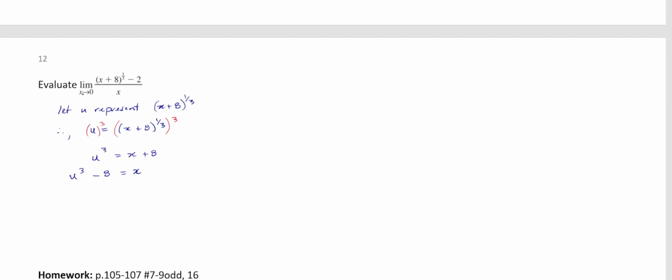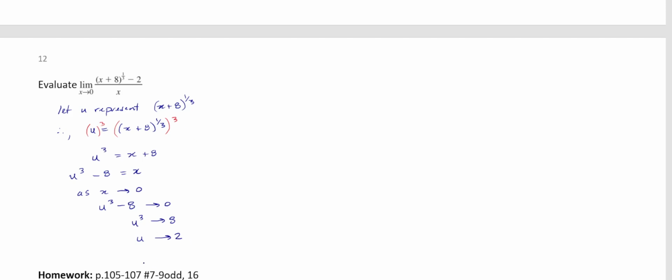As x approaches 0, if this value is going towards 0, that means u cubed minus 8 is approaching 0. So what's the value of u right there? That means u cubed has to approach 8, and therefore u has to approach 2.